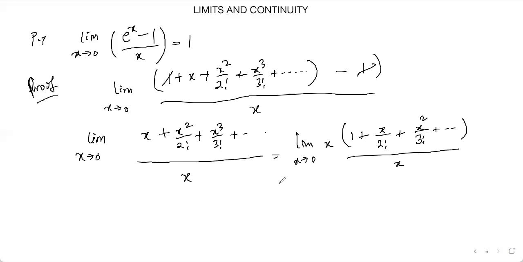So we'll cancel this. Now when you substitute x as 0, you'll get only 1, and then all the rest of the terms will be 0. So hence we have proved that the limit x tends to 0, e to the power of x minus 1 by x is equal to 1.